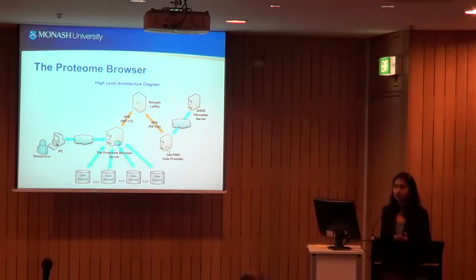People can drill down into many layers of pre-analyzed data, and then drill through out to the original data in GPM, HPA, Peptide Atlas. We have metadata, and the collections that Jeff mentioned are standard metadata that can be pulled out of the analysis and put onto our OAI-PMH data provider, which gets harvested by ANDS.